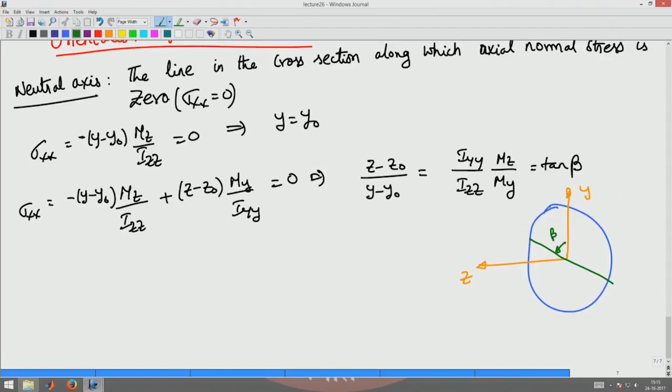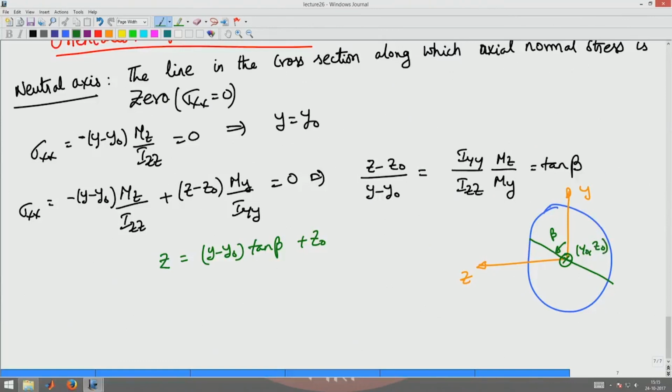Rearranging, z is equal to (y minus y naught) tan beta plus z naught, where this position is y naught, z naught.